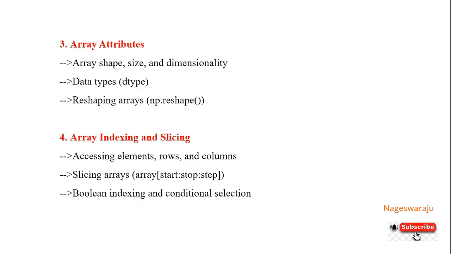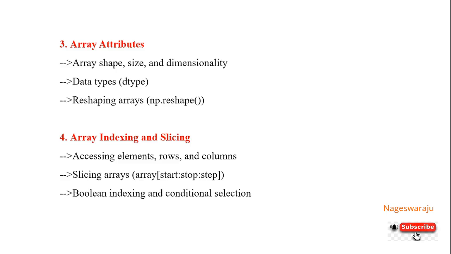Next, dimensionality: which dimension the array is, one dimension, two dimension, three dimension, multi dimension, or even 10 dimension. We need to find out the dimensions using dimensionality. Next, data type, which defines the data in the array, in integer data as well as floating data.